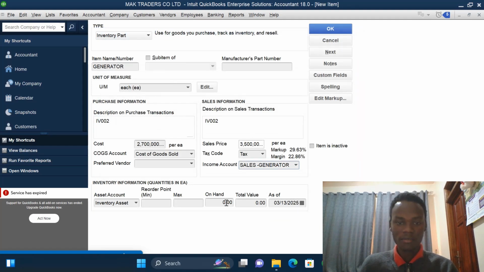There are 6 generators at hand, as at the 1st of January 2023.